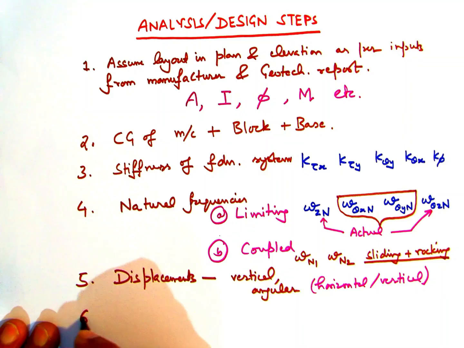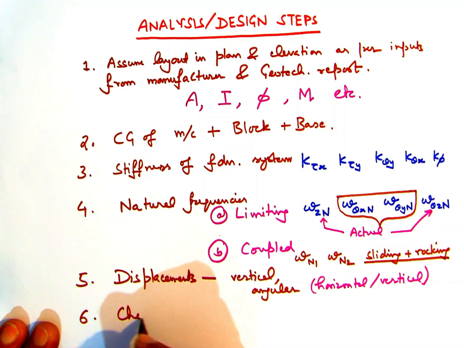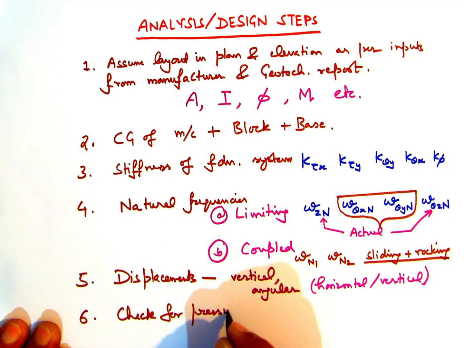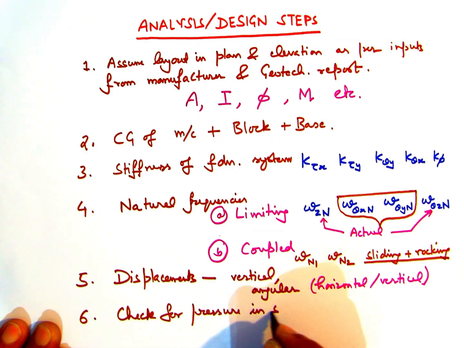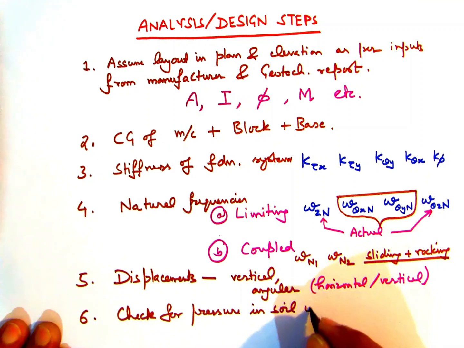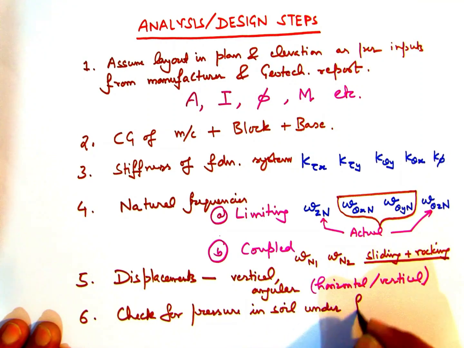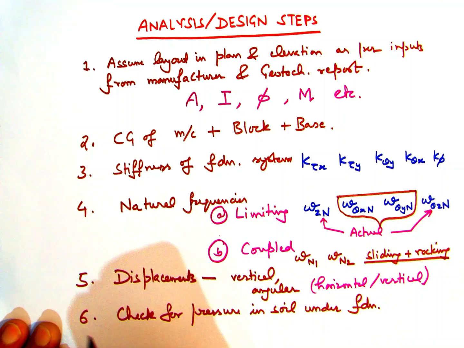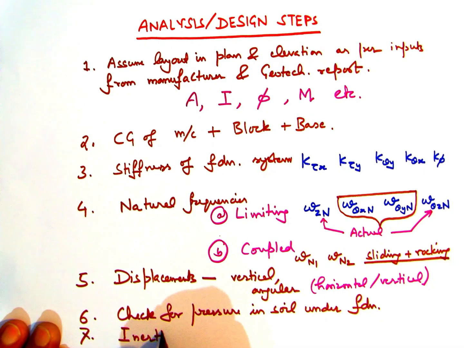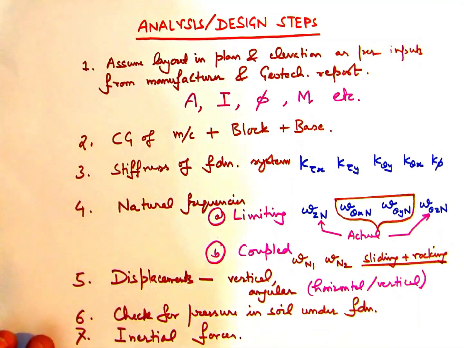But if the vibrations are coupled as for sliding and rocking, then we have to use the expressions we have derived in this lecture. Then after the displacements, we need to find out the total pressure under the foundation block, and when we say total pressure, it has to be made up of both the static and the dynamic components. This must be lower than the allowable net bearing pressure.